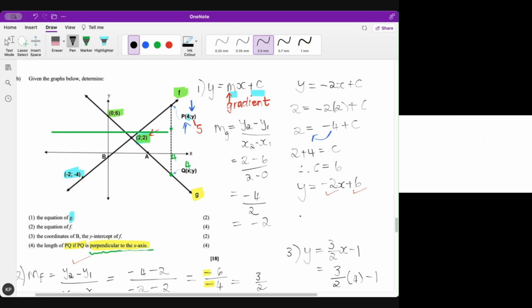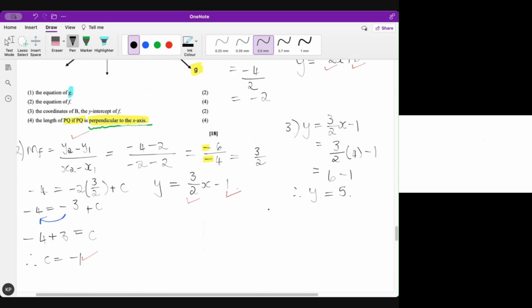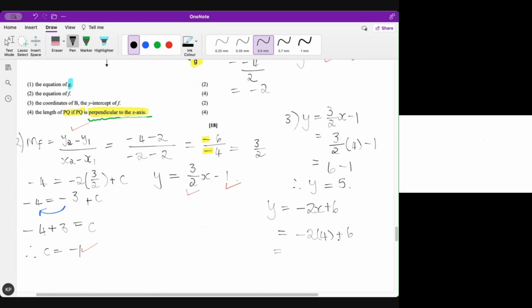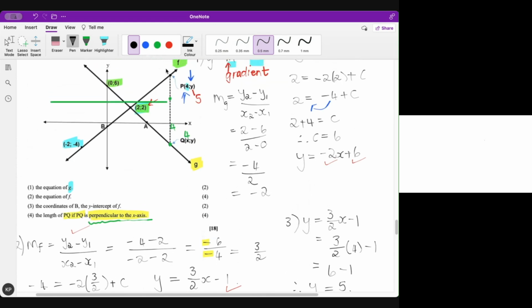Okay, so we also have the x coordinate for Q. So we're going to use our formula, which is y is equal to negative 2x plus 6, and substitute my 4. Okay, what is my answer? This is negative 8 plus 6, which means it's negative 2. Okay, so what's the length of this line?